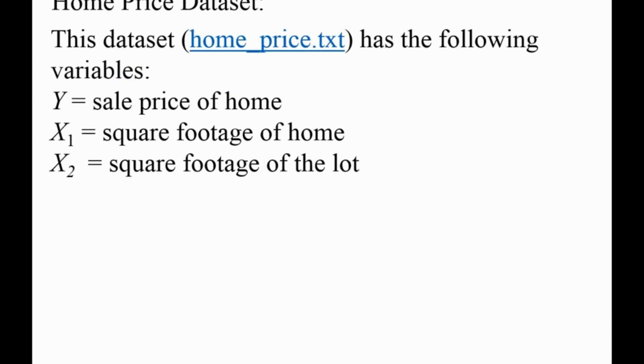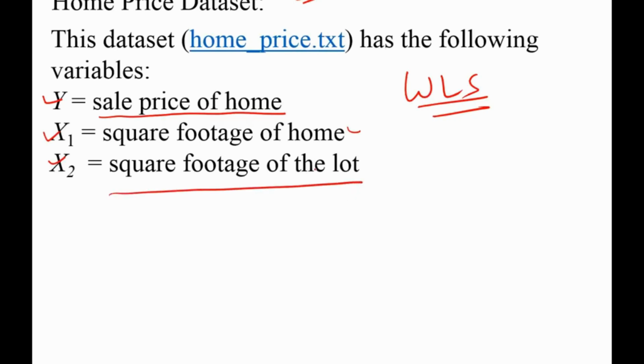We'll take another example where weight is not explicitly mentioned. In that case, how do we use WLS? So here is an example of a house price. Y, the target or dependent variable, is the sale price of a home, and x1 and x2 are the independent variables. x1 is the square footage of the home, and x2 is another feature of the house.